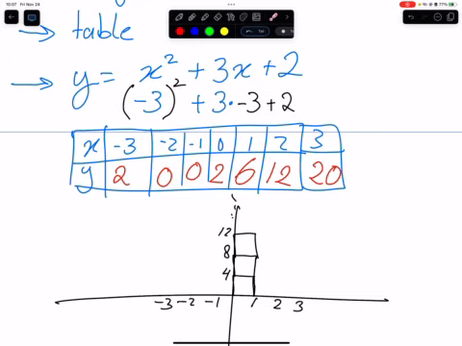So if I say negative 3, everywhere where there's an x, negative 3 has to be there. The other one is negative 2. What do you mean if it's correct?